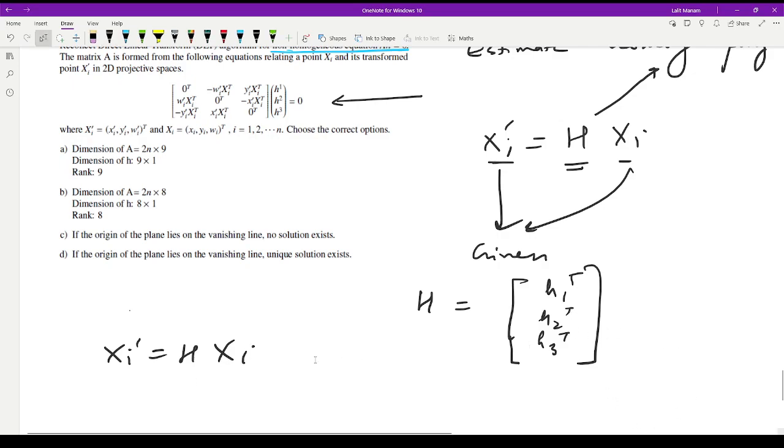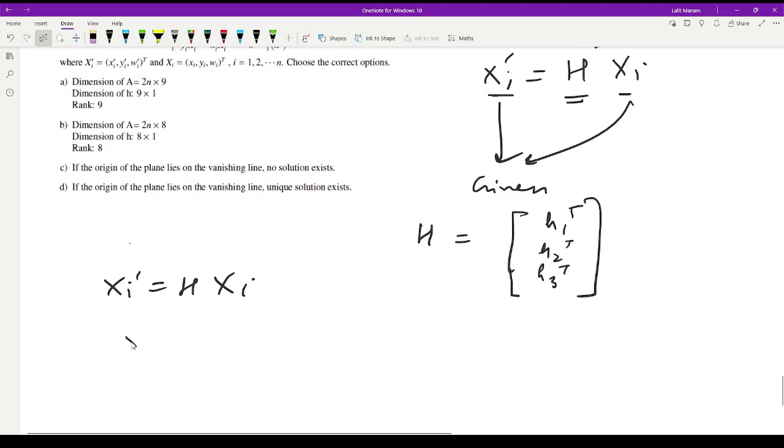So how do we take care of the scale factor? We take a cross product of the left hand side and the right hand side. If the cross product is 0, that means both xi prime and H xi are in the same direction, right? Do you agree with this point?